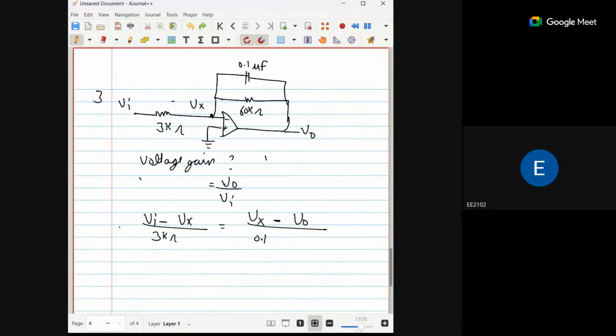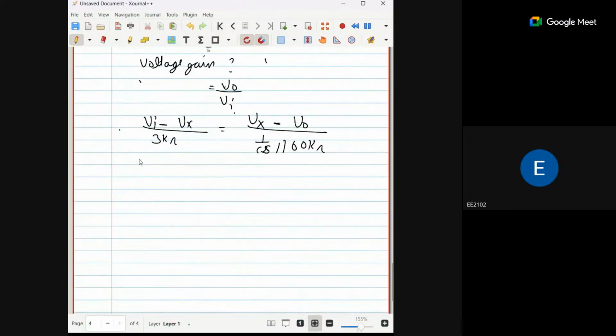That will be in parallel with the 60 kilo ohm. Vx will be 0, so I can put it directly.